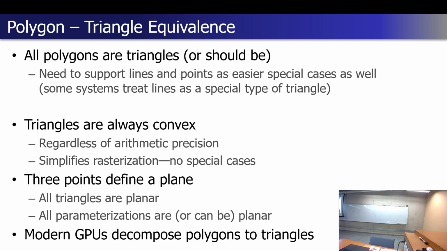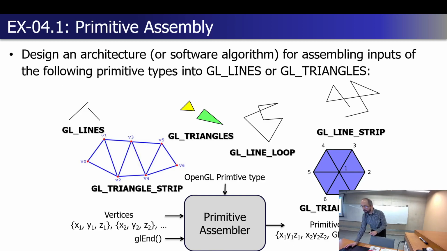So that's more of a normative claim than an actual factual claim, but we can get very far with our understanding of modern graphics hardware by limiting ourselves to triangles, either by requiring that our geometry shading and or primitive assembly stages take everything we specify and return triangles, or just by self-limiting ourselves to saying, we're going to break everything we have down to triangles and learn how to do that rasterization of triangles. You can design really complicated, crazy scenes just by limiting your polygon types to that of triangles.